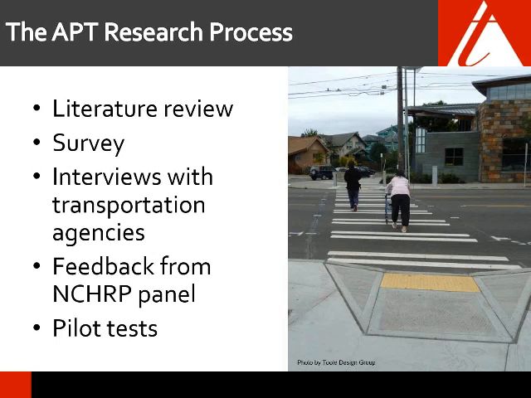We reviewed plans and other documents with information about prioritization from 47 different jurisdictions throughout the country. Some of these prioritized pedestrian improvements, some prioritized bicycle improvements, and some did both.